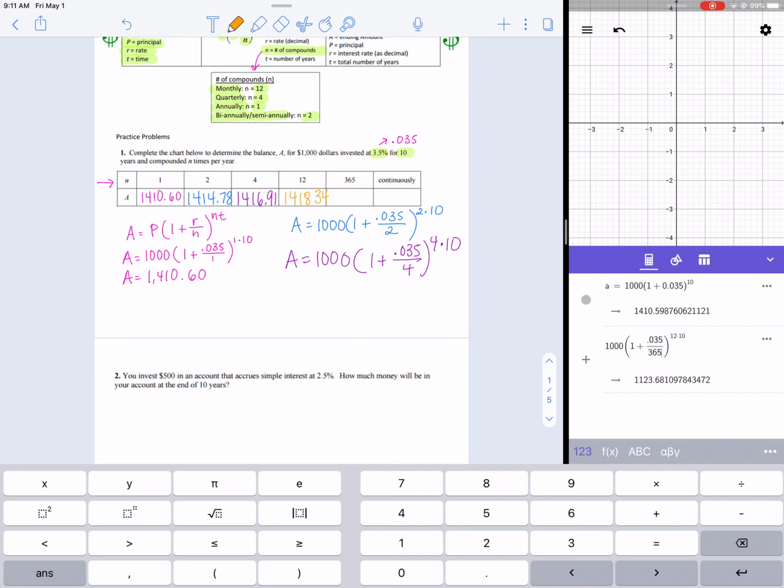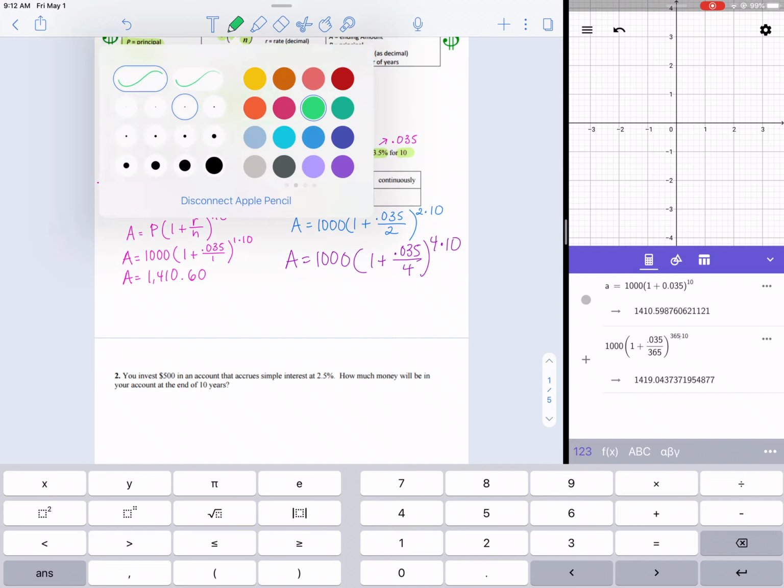I'm going to make it 365, which now is going from monthly to daily. 365. Okay, so that is going to give me $1,419.44.